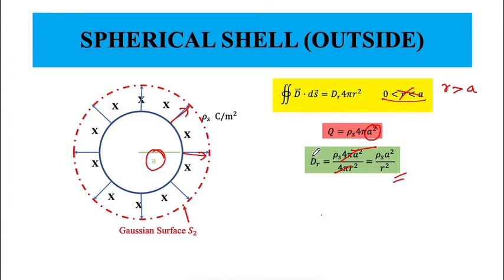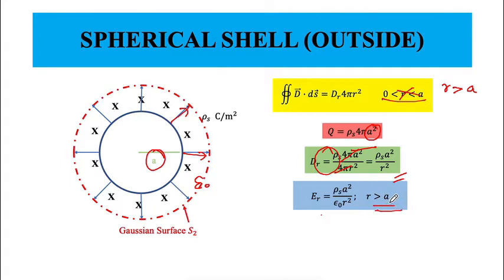So this is the radial field. Electric field E_r, again assuming that the medium outside is filled with epsilon naught, will be equal to rho_s a squared by epsilon naught r squared, provided r is greater than a.